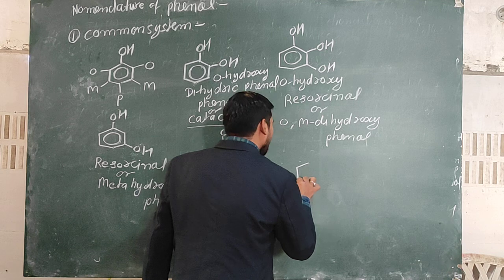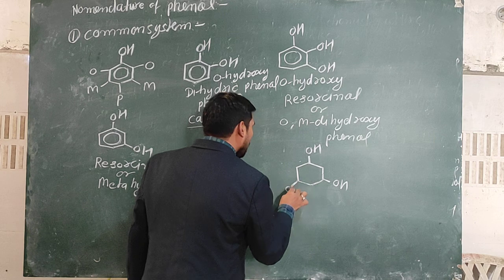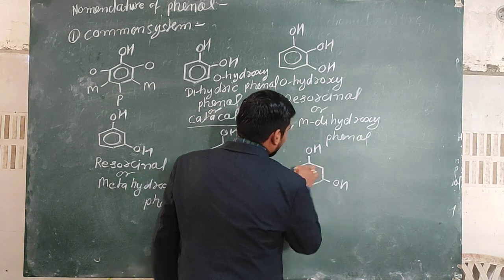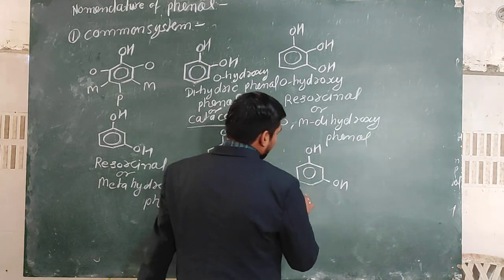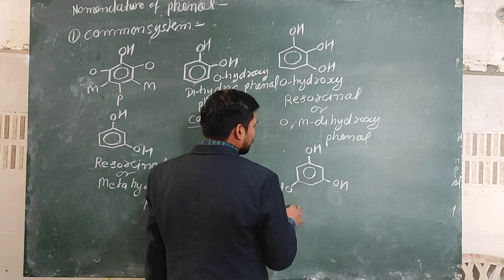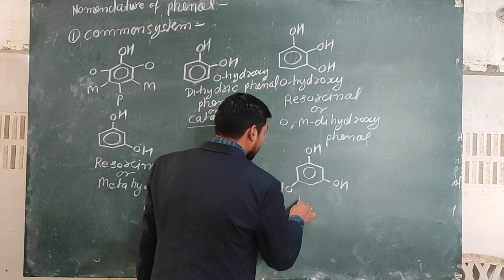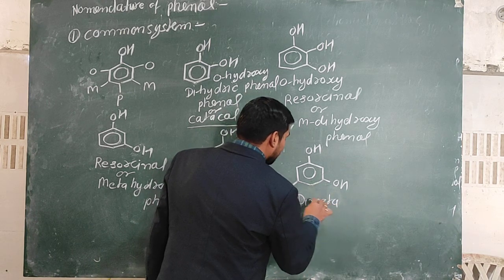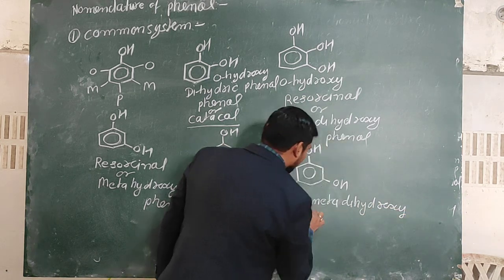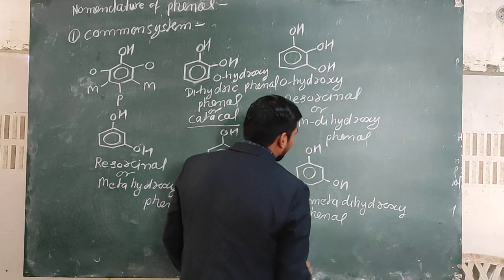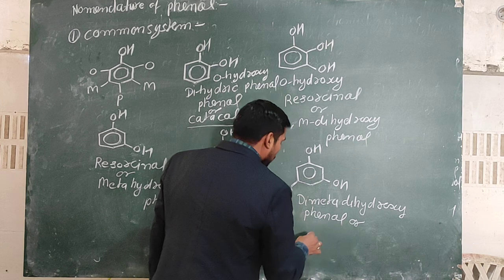In case of this type of structure, OH, OH and OH, in this situation 3 OH groups are present in the structure of phenol, then its name is dihydroxyphenol. Okay, and its common name except this may be phloroglucinol.